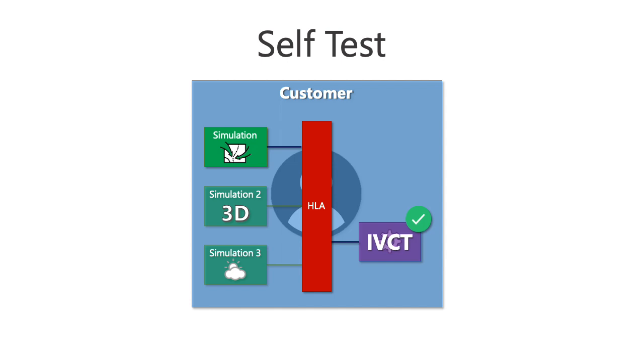That means you have an HLA federation. You might have some auxiliary federates here as well, in order to make sure that the simulation runs correctly. And then you're downloading and installing the IVCT, and you're running the IVCT to make sure that at the actual certification test, your system passes the test.